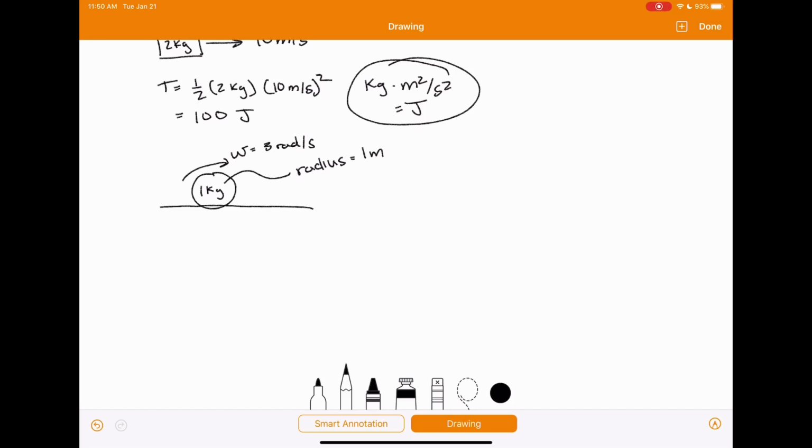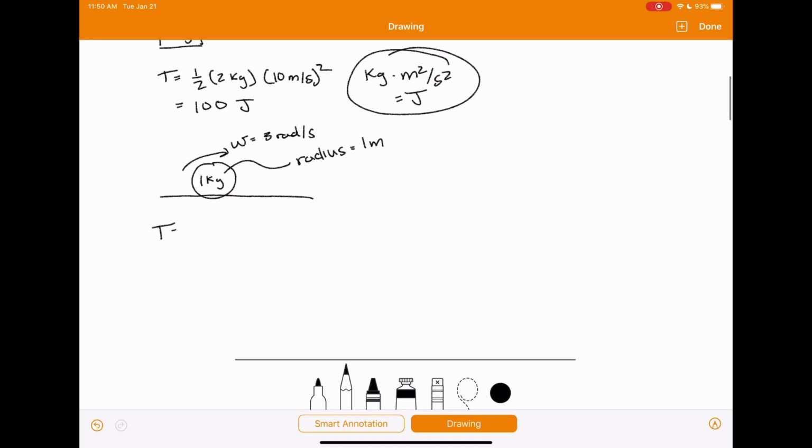All right, so we would get our kinetic energy being a combination of translation and rotation kinetic energy. So it'd be 1/2 mv squared plus 1/2 IC omega squared. So from this equation, we need to go in and find IC and V.